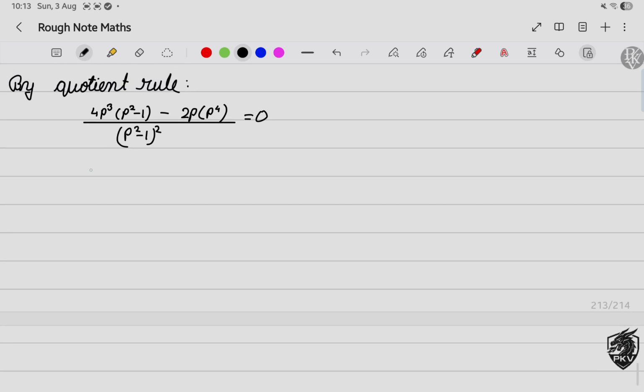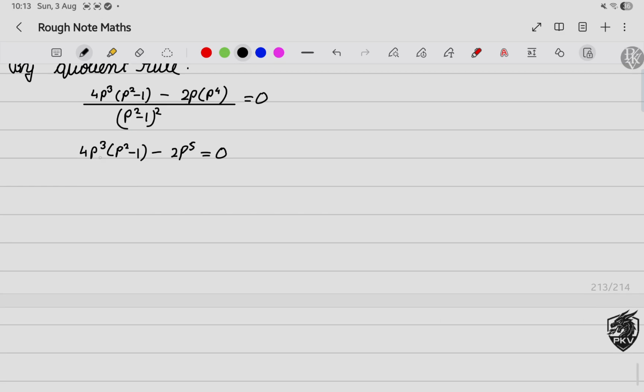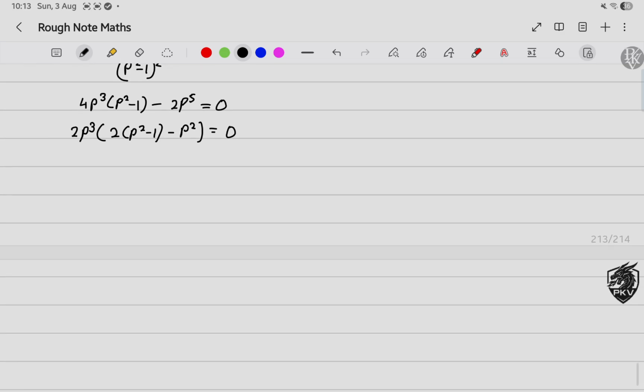Okay, very nice, let's continue. So this will be 4p cube times p square minus 1 minus 2p raised to 5, and then the denominator goes to the other side and becomes 0. Now we are going to take 2p raised to 3 in common, and I'll get 2 times p square minus 1 minus p square, and this will be equal to 0.